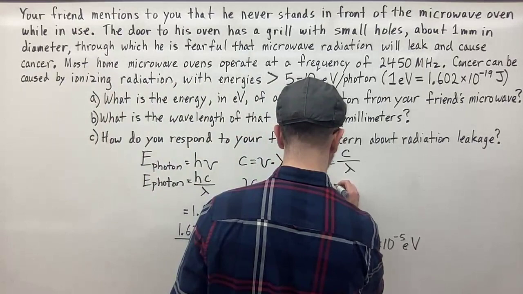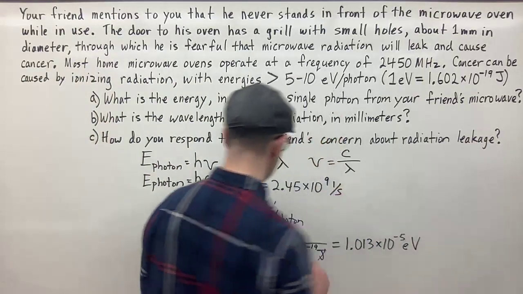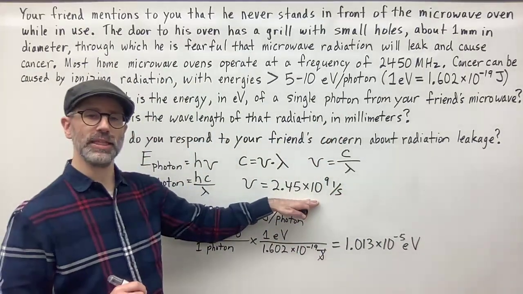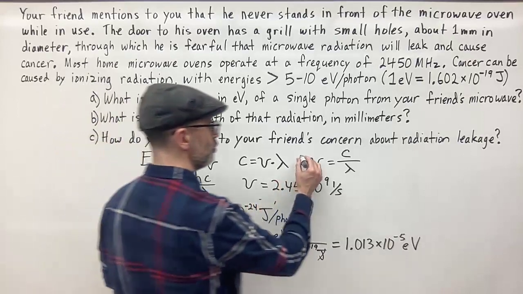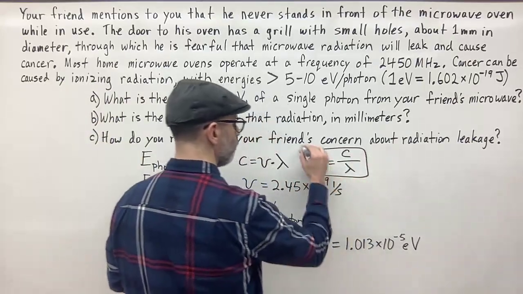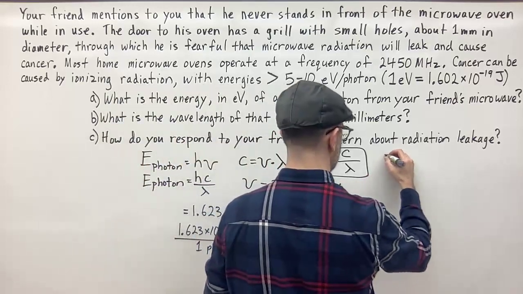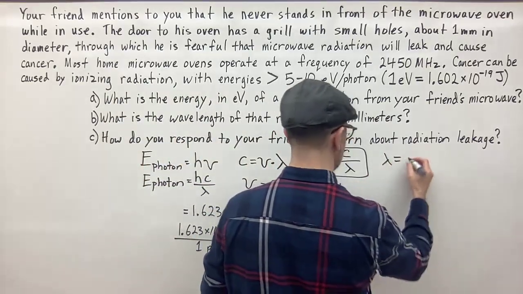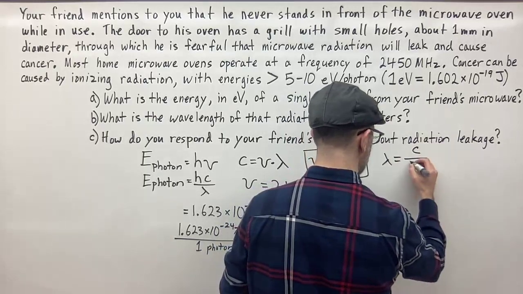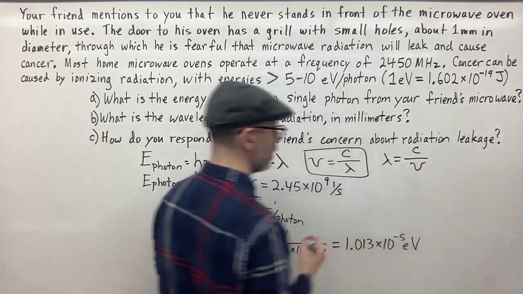And that was hertz or per seconds. So we got the frequency here. So we could just use this equation and solve for lambda. So here we will want lambda. Actually, lambda is equal to speed of light over nu, the frequency.